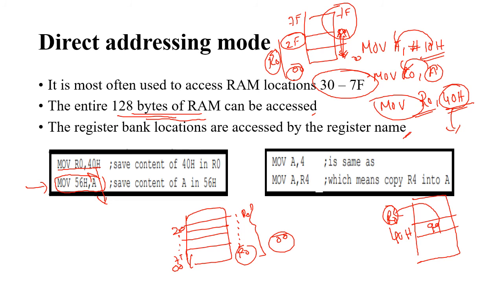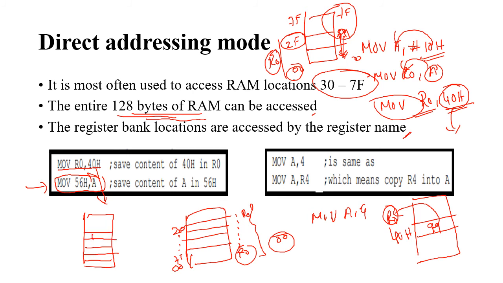For example, if we consider move A comma 4, this means that the content present in address 4 is copied.